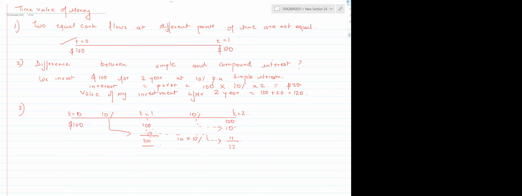So total value of my investment is 121. So investment value under simple interest is 120, and investment value at the end of 2 years under compound interest is 121. This $1 difference is why, guys?